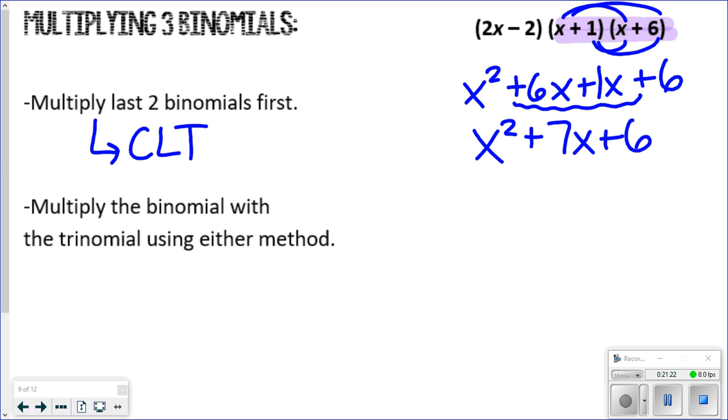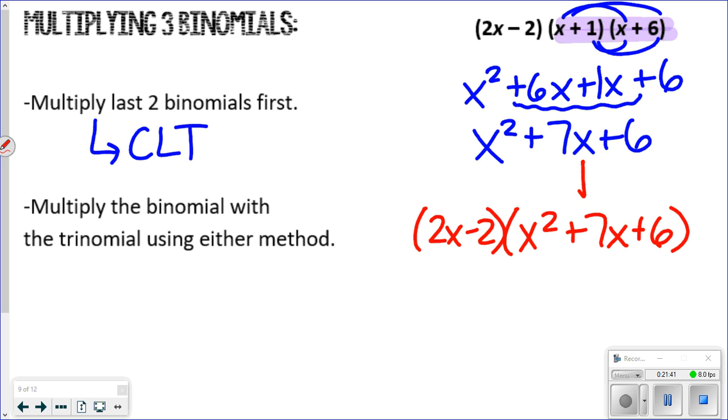Then we're going to take the binomial and multiply it with the trinomial. So I'm going to rewrite it out together. You don't have to. You could just put parentheses around that trinomial. So I brought this down, but in the future you can just put parentheses around it and put the 2x minus 2 out in front.